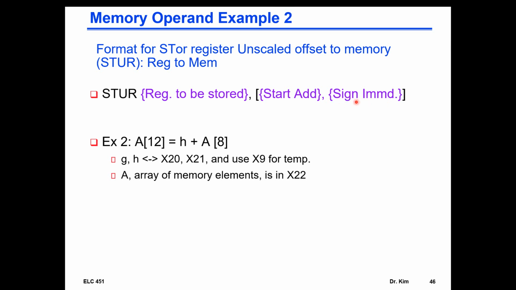This field is signed, so that allows you to move up or down from a base address in memory. So this displacement in the case of 12 would be 12 times 8, or 96.